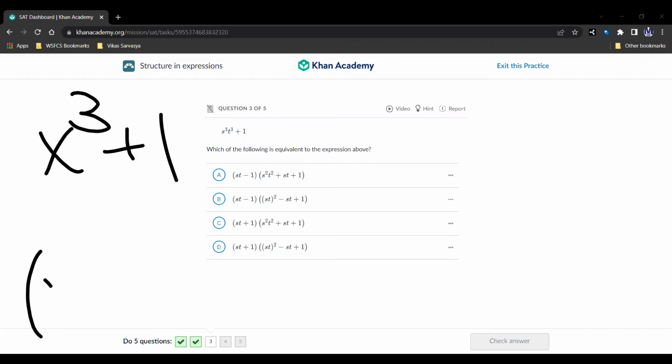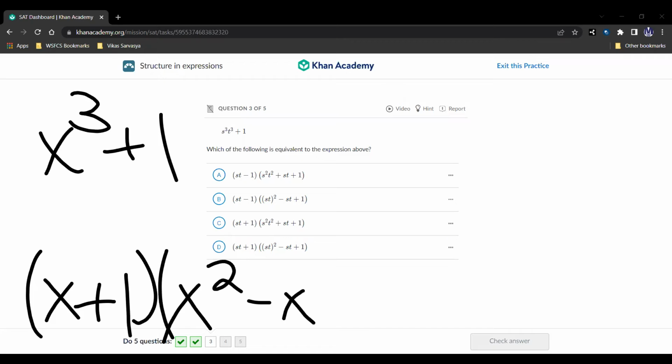We have x plus 1 times x squared minus x plus 1. And now instead of x, we put st, so we have st plus 1 times s squared t squared minus st plus 1. And looking at answer choices, that is going to be choice D. And let's move on.